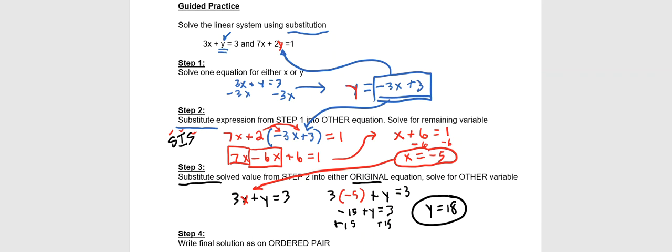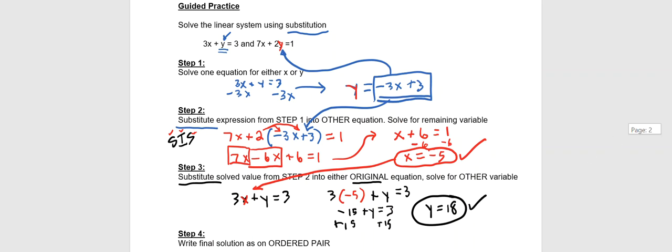So what we did is we first took an expression by rewriting one of the equations, we substituted in, and we solved for half of our equation, or half of our ordered pair. We got x equals. We took that known value and we used it in place of x in one of our equations, and we solved for the other variable.